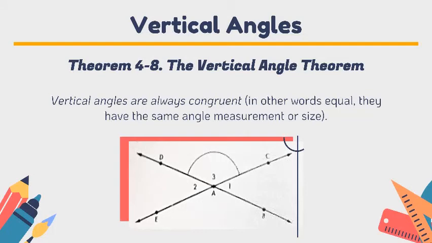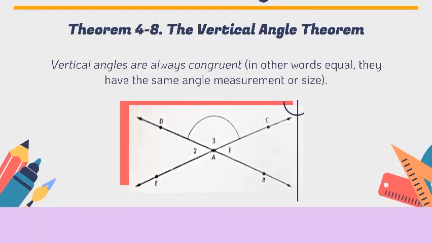Angle 3 is congruent to angle 3. Angle 1 and angle 2 are supplements of congruent angles. By the supplement theorem, this means that angle 1 is congruent to angle 2. And there we have it. Vertical angles are always congruent.